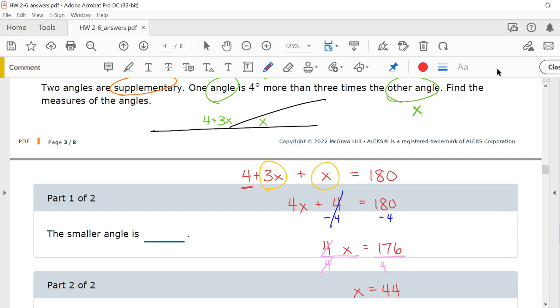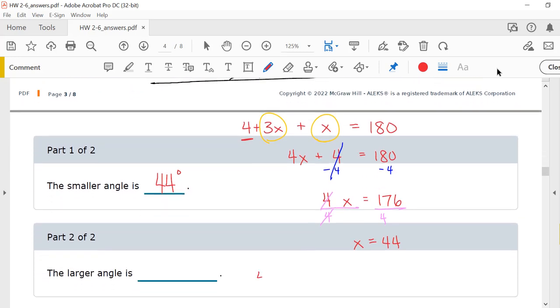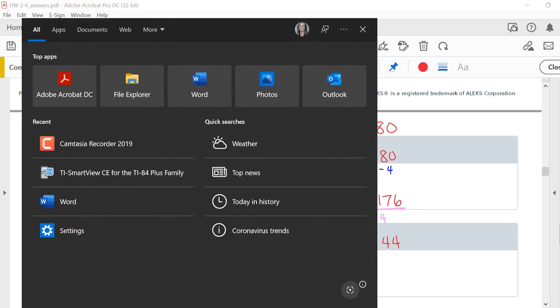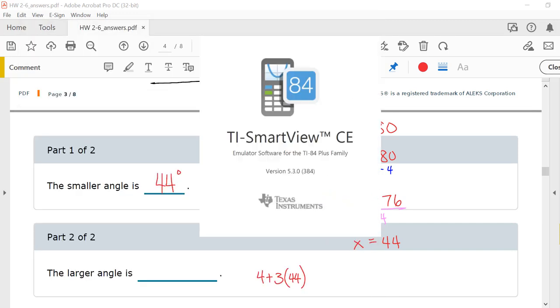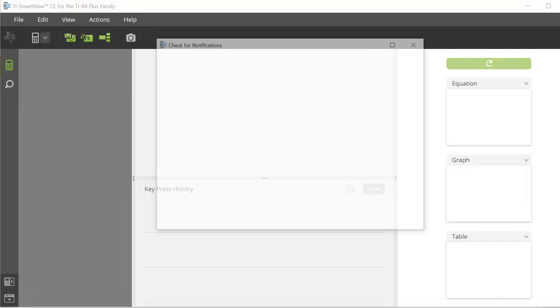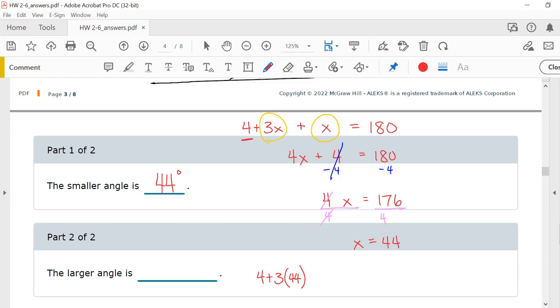So the smaller angle, that was our x, is 44 degrees. And our larger angle is going to be 4 plus 3x. So 4 plus, let me go get the calculator. I have 4 plus 3 times, what was it, 44?